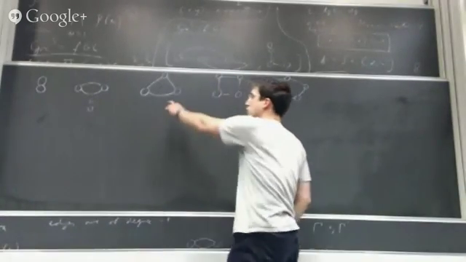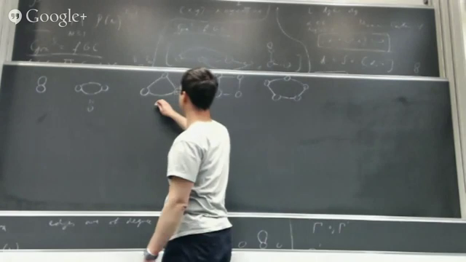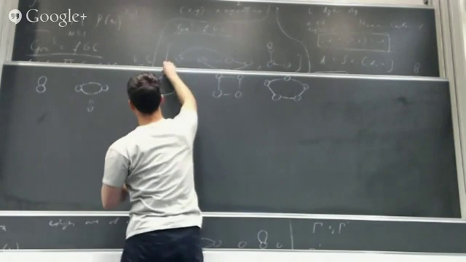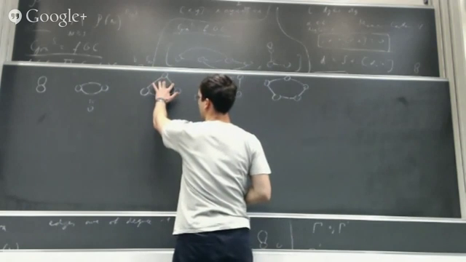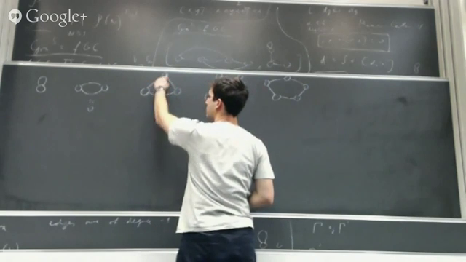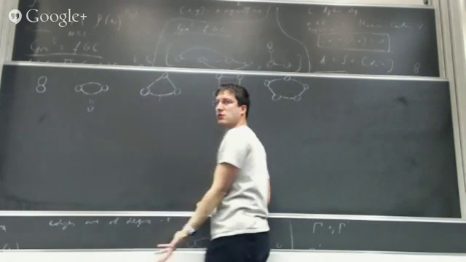Okay, this is 0. You know already. This is also 0 because if I make symmetry over this, then I exchange these two edges and I get minus what's the same.